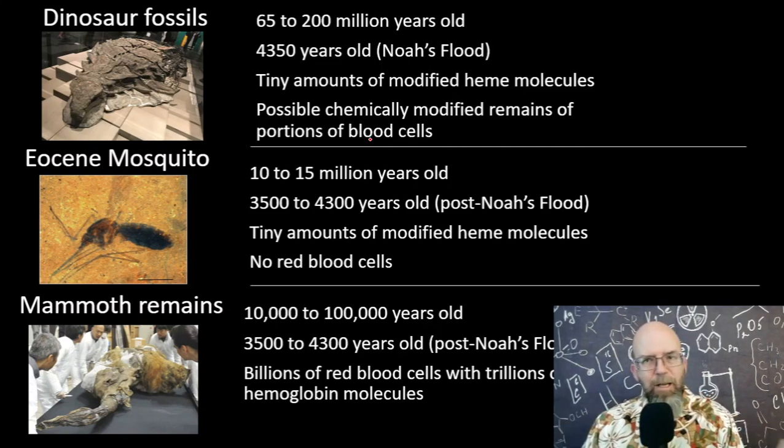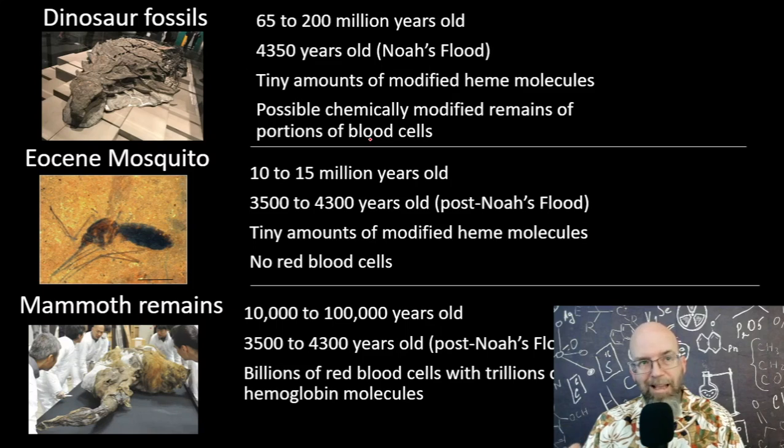We find tiny amounts of modified heme molecules, right? That's the language that I want to hear. Small amounts of modified heme molecules. Remember, the blood that was originally in the bones, there would have been millions and billions of red blood cells, and then they each would have contained millions of hemoglobin molecules.